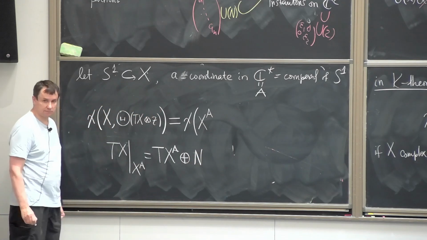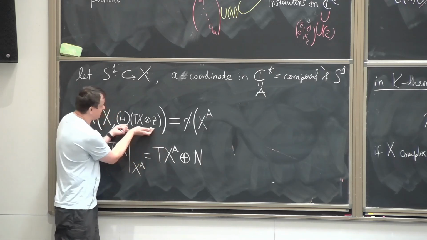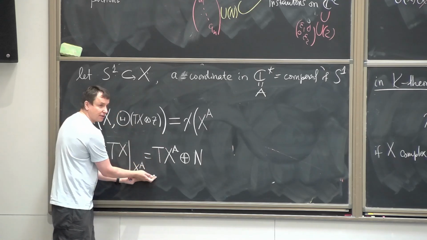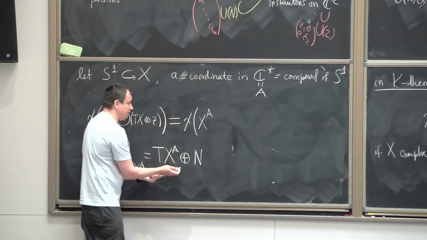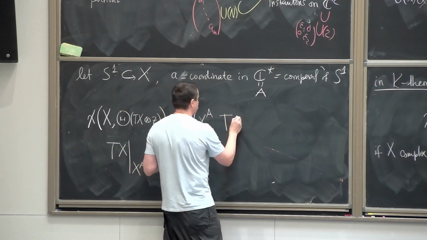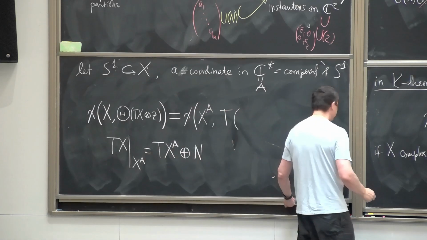Okay, that's clear? So when we restrict this theta to the fixed locus, we'll get a part which is a theta bundle for the fixed locus.